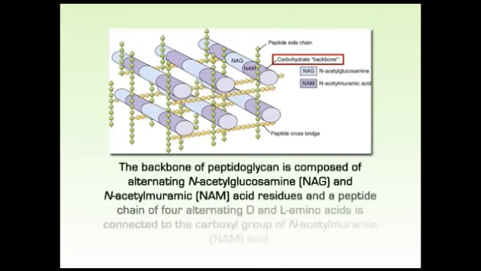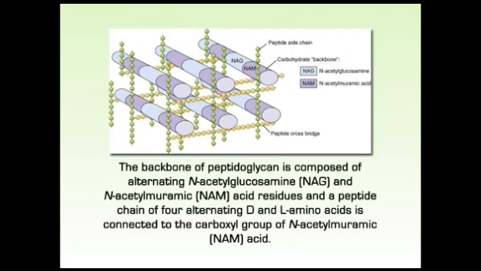The backbone of the peptidoglycan is composed of alternating N-acetylglucosamine and N-acetylmuramic acid residues, and a peptide chain of 4 alternating D and L amino acids is connected to the carboxyl group of N-acetylmuramic acid. Further, the carboxyl group of the terminal D-alanine is connected to the amino group of diaminopimelic acid.